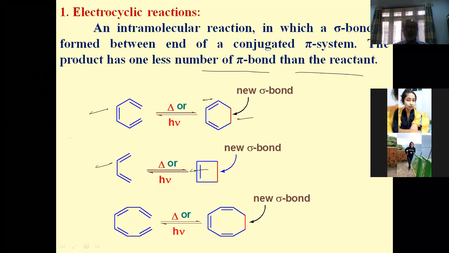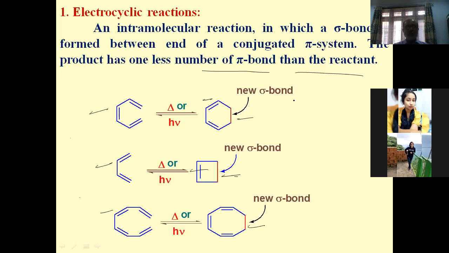One double bond is lost, the pi bond count reduces by 1, and a new sigma bond is formed. Here it is a tetraene system, and in the product we have a triene. Actually it is 1,3,5-octatriene, and this new sigma bond is formed here.